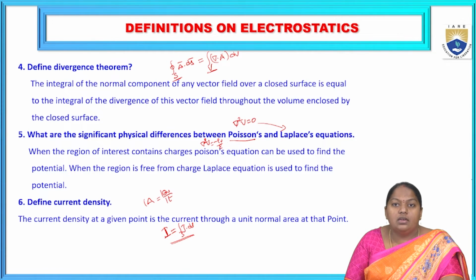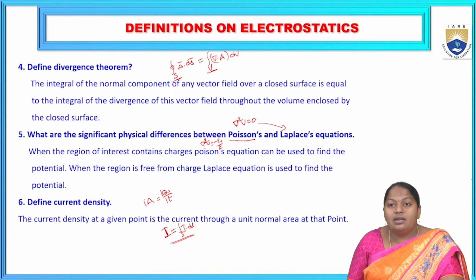Del square V equal to 0 is Laplace's equation, and del square V equal to minus rho V by epsilon is Poisson's equation.